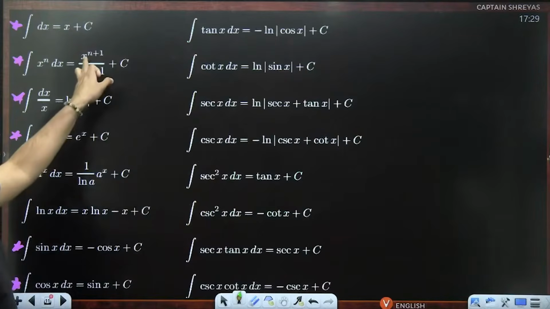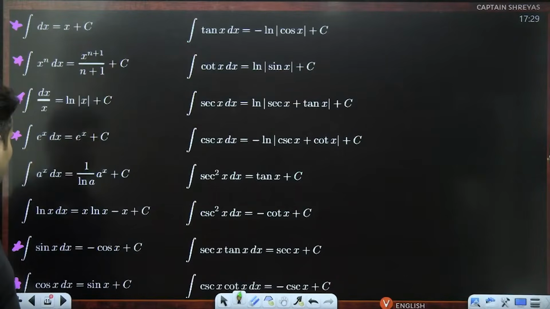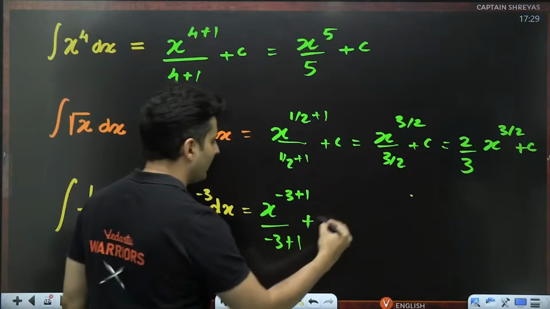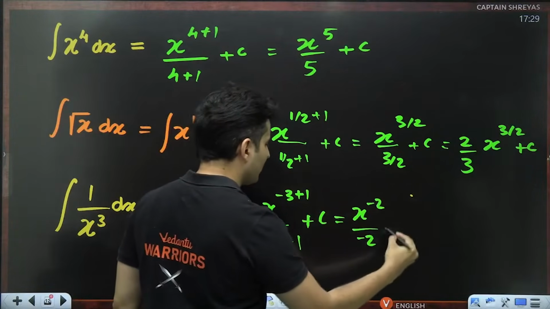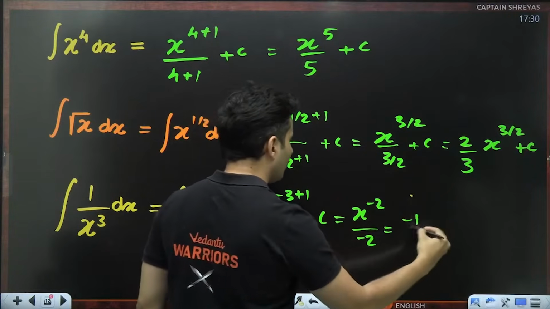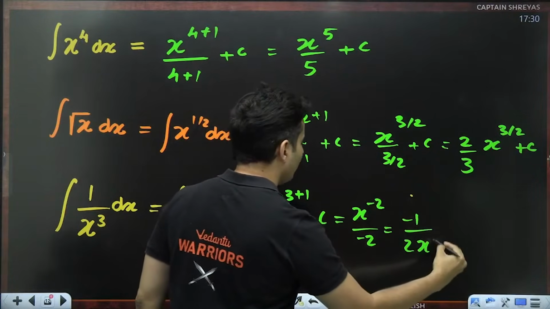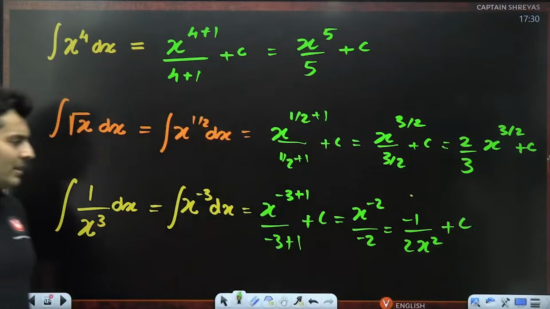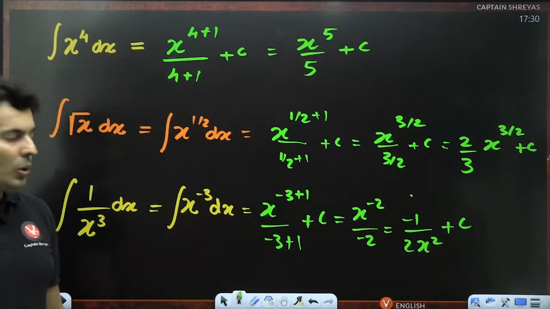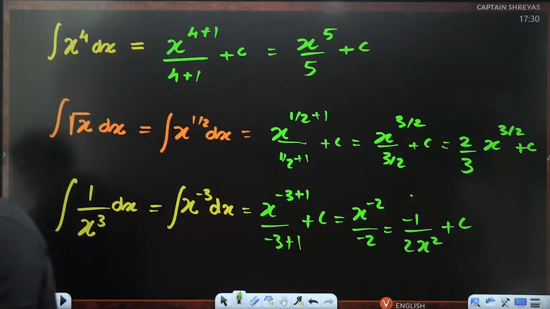I'm just using this formula, x raised to n plus 1 upon n plus 1. That's it. And do not forget that plus c. So this will become x raised to minus 2 upon minus 2. Take that minus on the top, so minus 1 by 2, and this will become x square in the denominator. And obviously plus c is there. So minus 1 by 2 x square, the whole thing plus c, should be the answer.